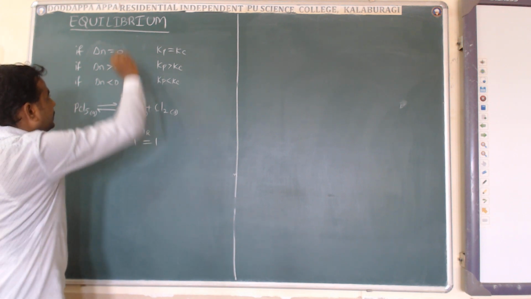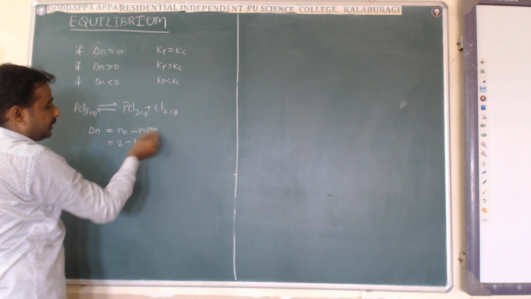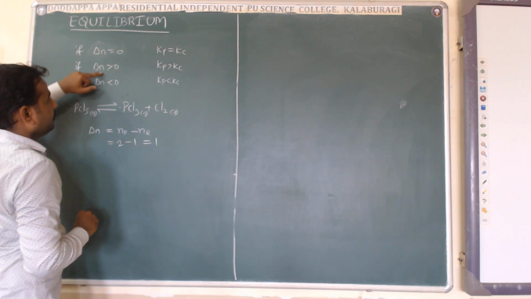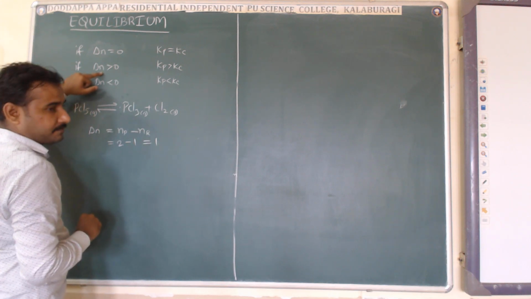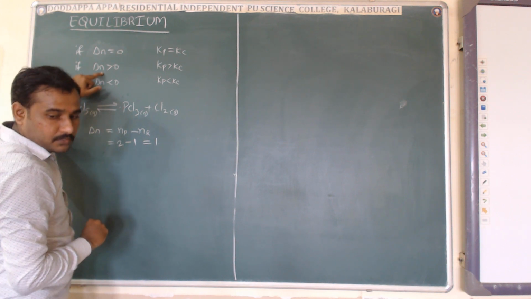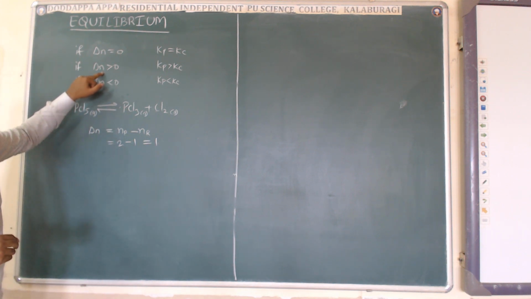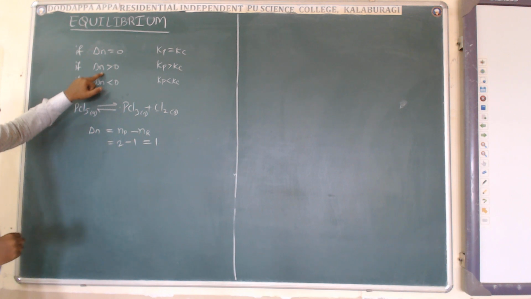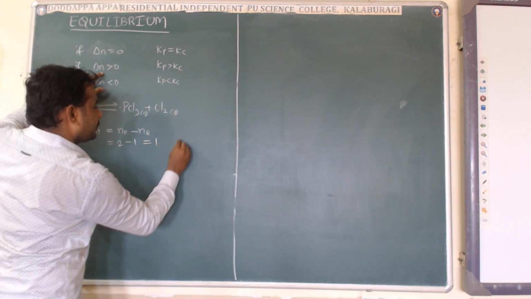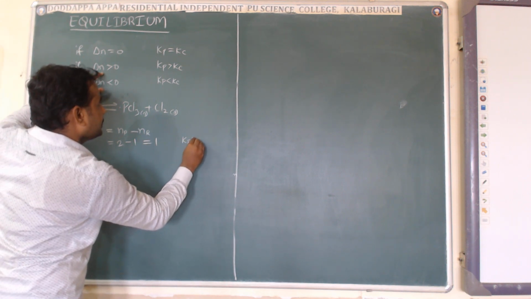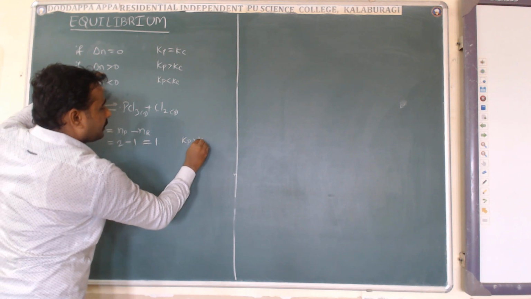Is it greater than 0 or less than 0? It is greater than 0. If it is greater than 0, you write Kp is greater than Kc.